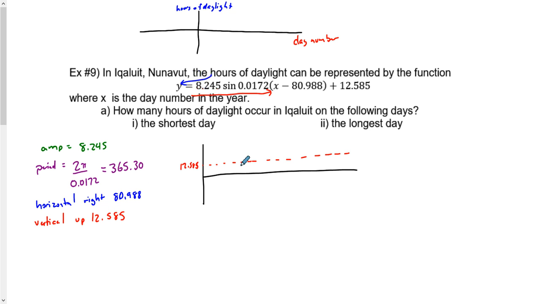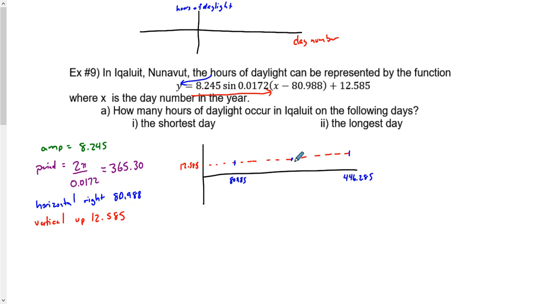So our scale doesn't really matter. We can say that that's our 80.988. Its period is going to be 365. So from there, 80.985, add 365.30, we'd be ending at about 446.285.